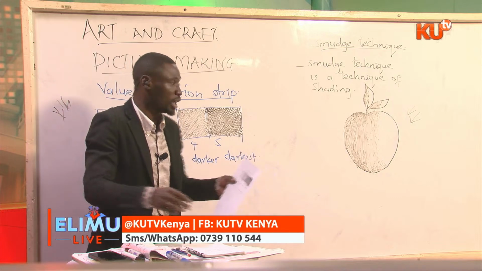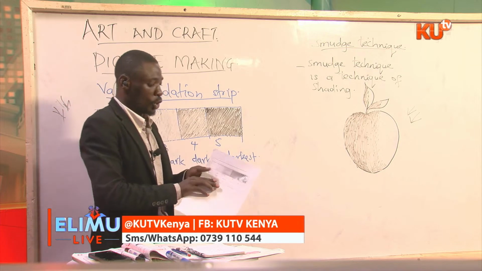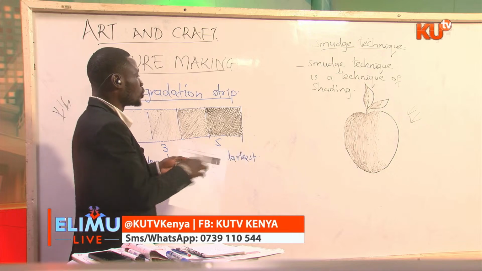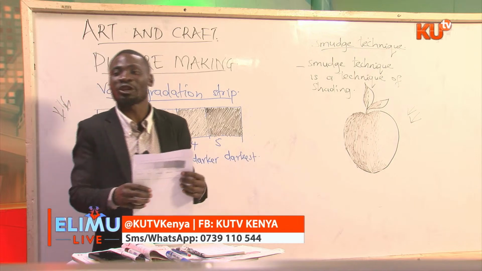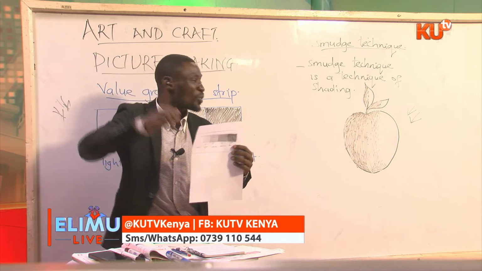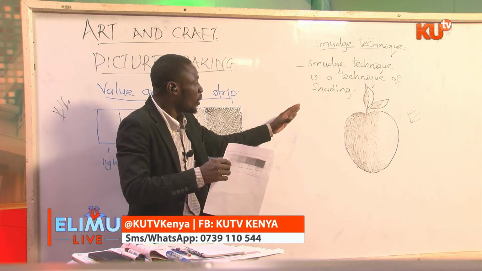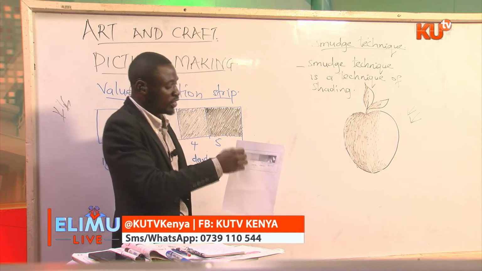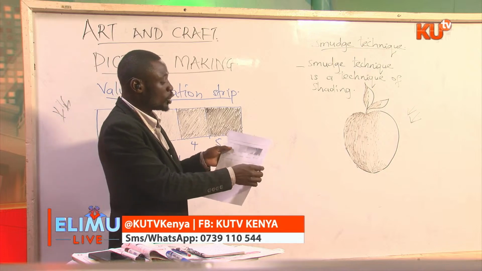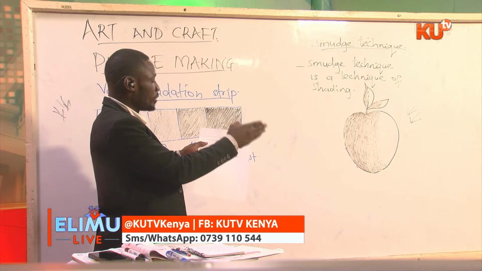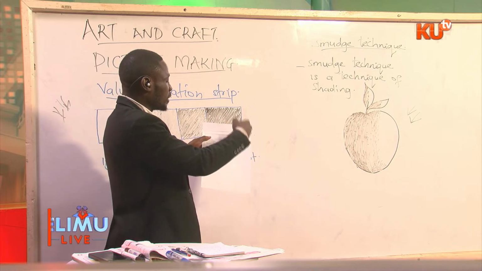And here is a value gradation that helps us know how to shade a form, so that we can come up with a form or an item. After drawing, the person who will be observing will be able to know where the light is coming from and which part is darker, which part is lighter.